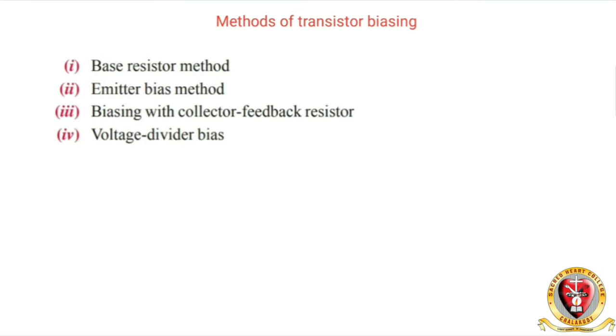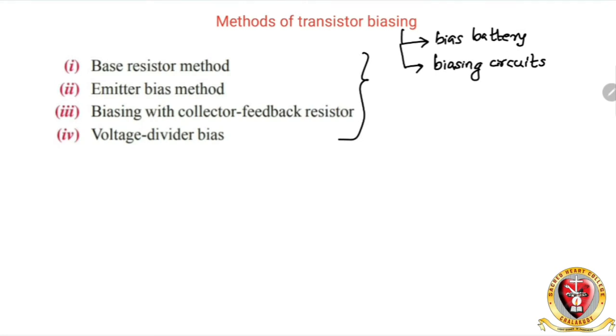So we discussed biasing. We already saw two methods of biasing. First one is using a bias battery and second one is using biasing circuits.